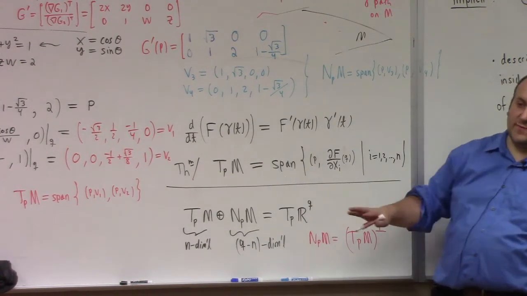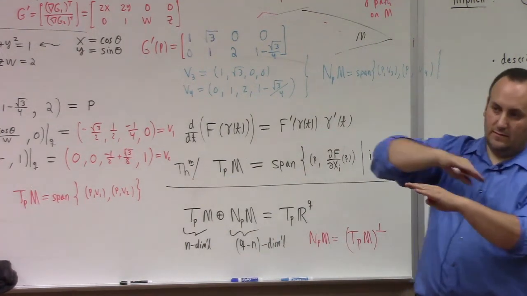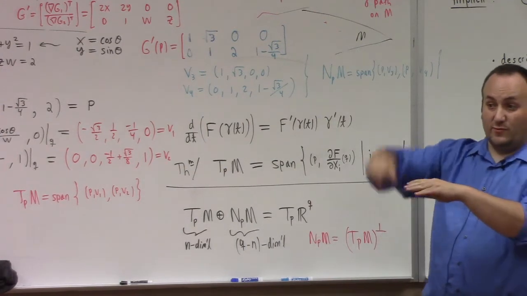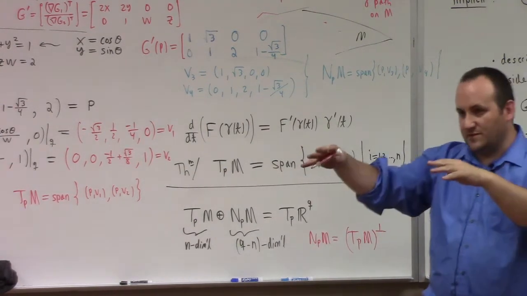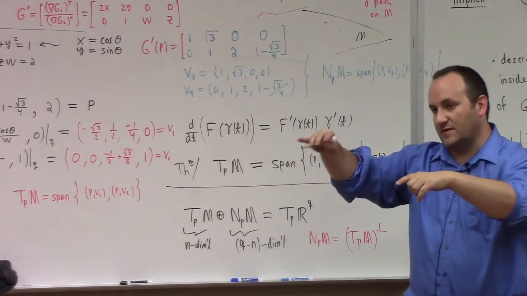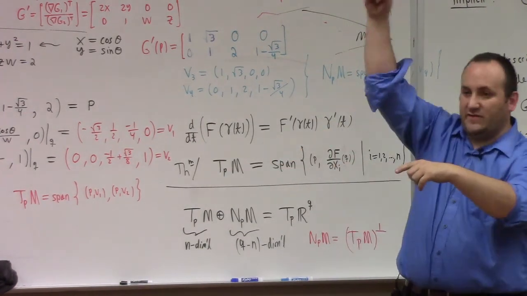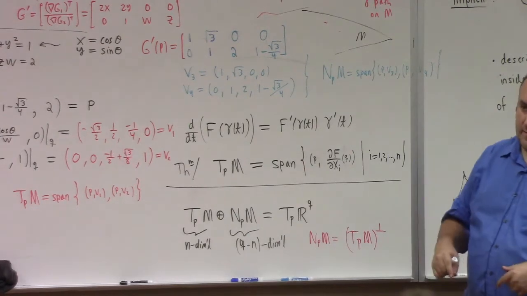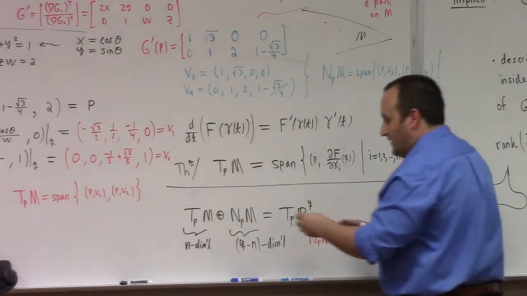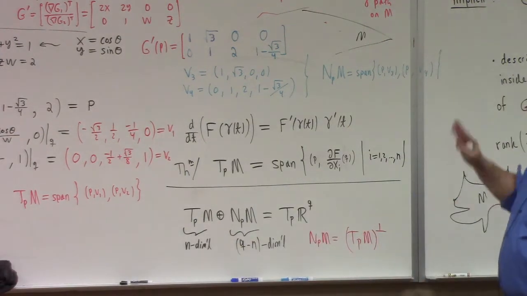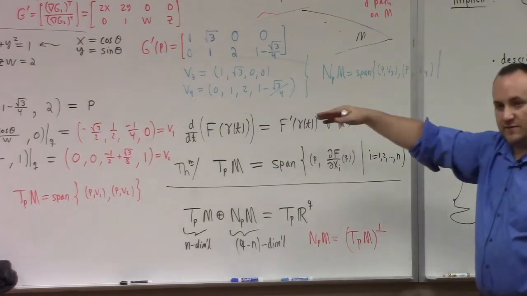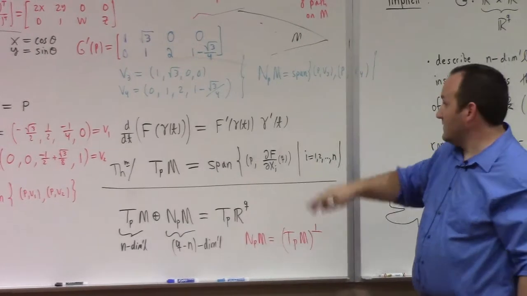So the normal space to a plane in calculus 3 is the normal line. We're trying to generalize that idea so that if we're in a 10-dimensional space and we have a 4-dimensional surface, then there's a 6-dimensional normal space. They're always codimensional. They come together to give you the full dimension of where you're working. So here, we're working in 4 dimensions. We have a 2-dimensional surface. We expect a 2-dimensional normal space.